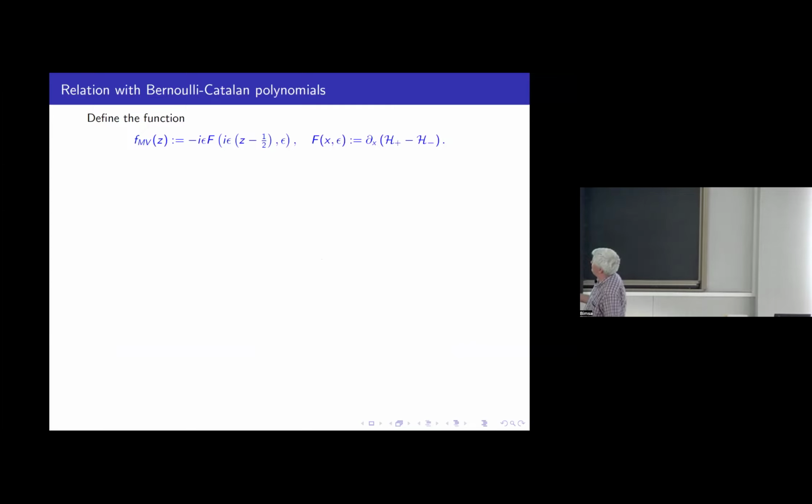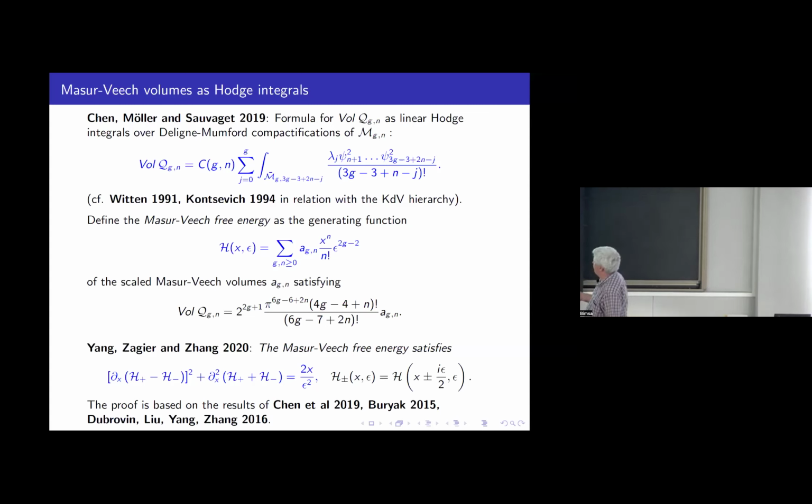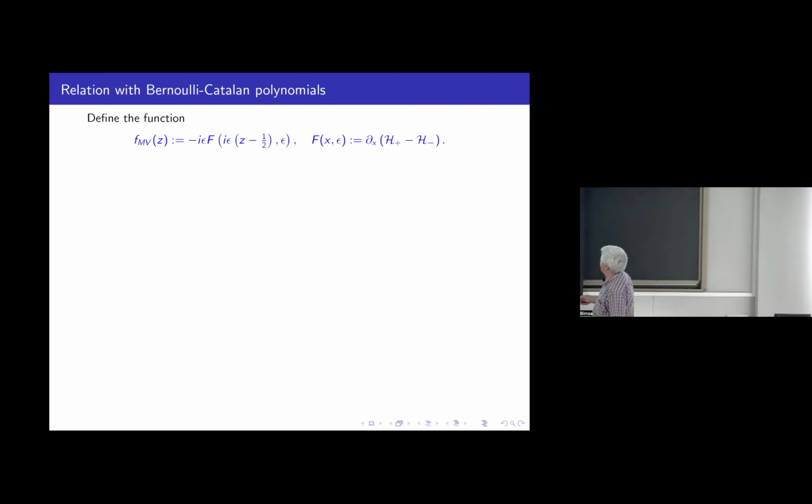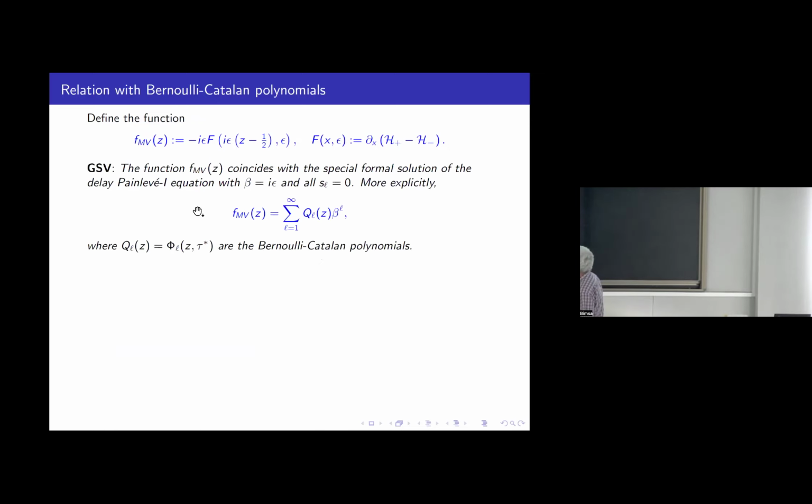So what was that? H was the Masur-Veech energy, and let's define F, which is this shifted H, with a shift as well. This is a transformation, and our result essentially follows immediately from YZZ by comparing our delay equation with the equation from the Yang, Zagier, and Zhang paper.